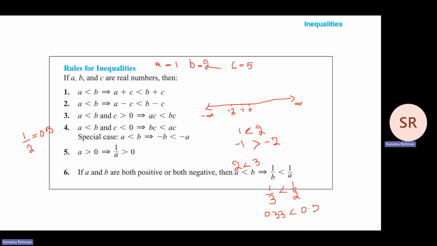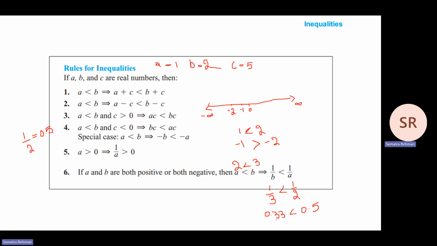Now you can see that 2 is strictly less than 3, but if you take the reciprocal of these numbers, 1 upon b, that is 1 upon 3, is strictly less than 1 upon a, that is 1 upon 2.